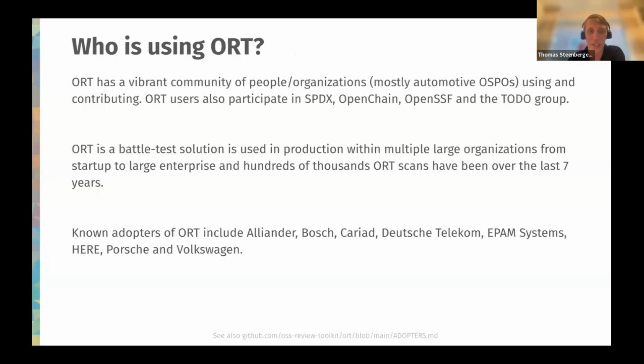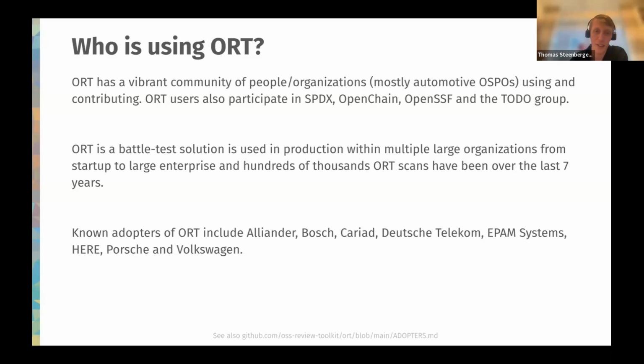Who's using ORT? I mentioned it's mostly automotive OSPOs, but there's also a wide variety of adopters all across, so many that I can't keep track of anymore. Known adopters are listed here: Alliander, which is a major grid provider in the Netherlands, Bosch, Cariad, so it's Volkswagen, Deutsche Telekom, EPAM.